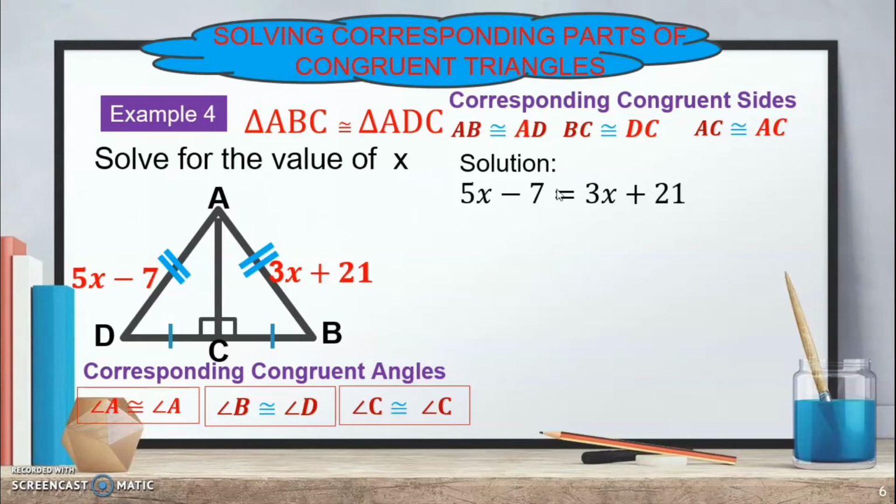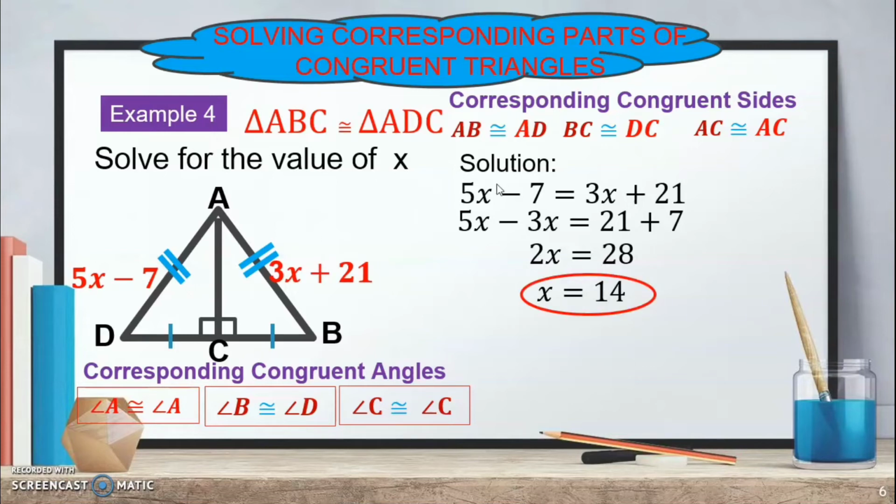So, transpose natin ang 3x sa left, then 7 sa right. So, we have 5x minus 3x is equal to 21 plus 7. 5x minus 3x is equal to 2x. 21 plus 7 is equals to 28. So, 2x equal to 28 by division property of equality. X is equal to 14.